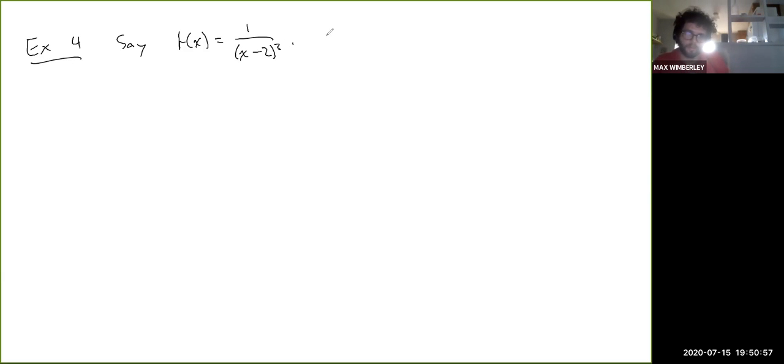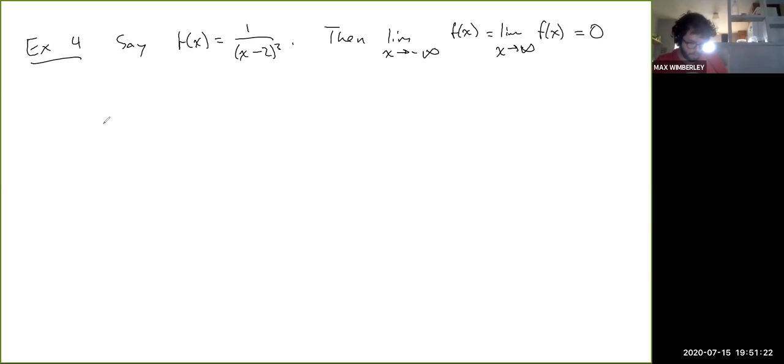So then they say the limit as x goes to negative infinity of f of x equals the limit as x goes to positive infinity of f of x equals 0.